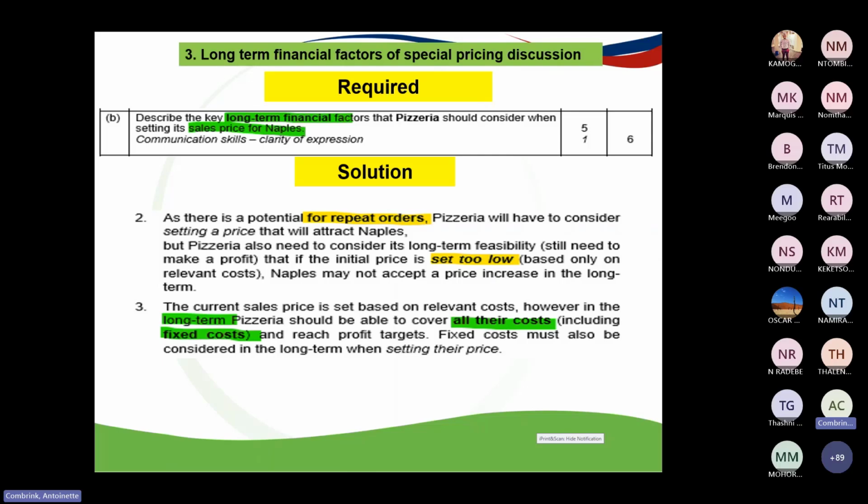Let's say they're going to do repeat orders. We can't set the price too low because they will expect us to keep on selling at that low price. And in the long term, we need to make sure that we've covered all of our fixed cost. In the short term, yes, we can ignore fixed cost, but in the long term, we need to make sure that it's covered.